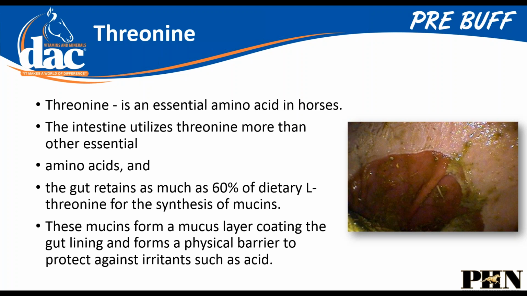What do you think mucin sounds like? Mucus. Mucins form a mucus layer coating the gut lining, forming that physical barrier to protect against irritants such as acid. So we put threonine into this product to also help the mucus layer of the gut.